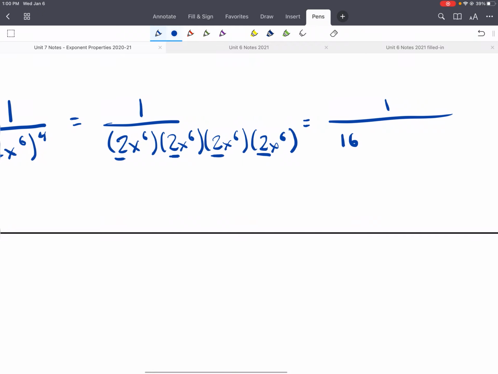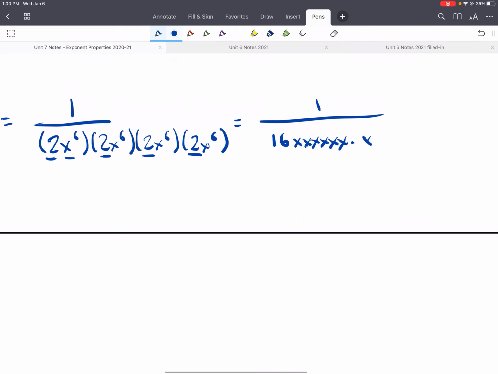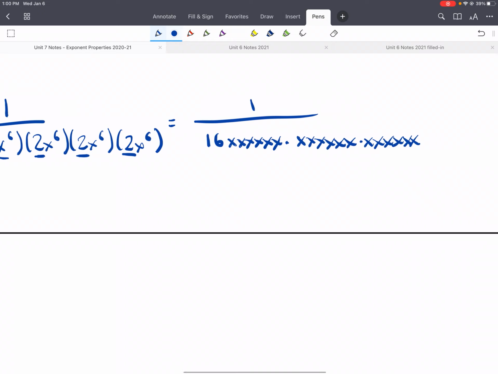And then we have 6 x's, and then we need to do it 3 more times. Holy moly. Okay, so that's a lot of x's.